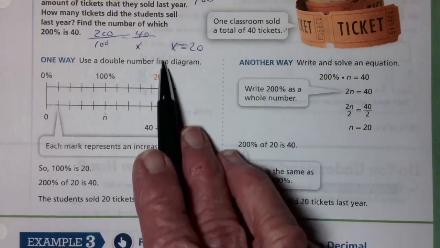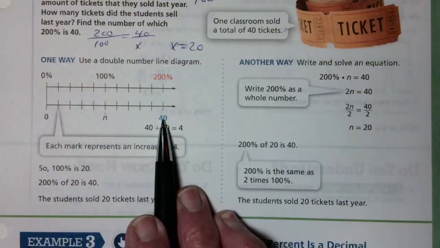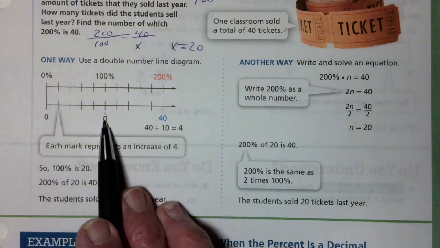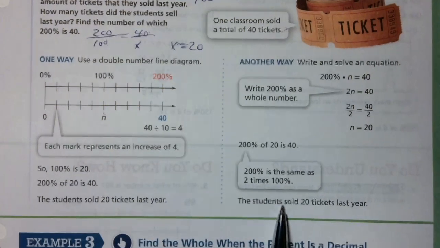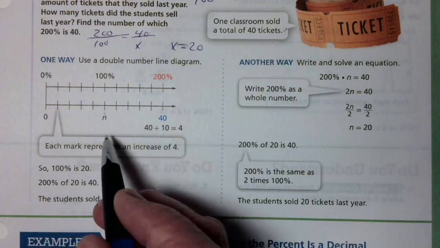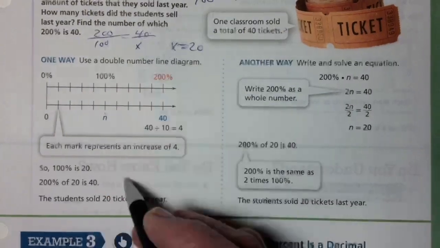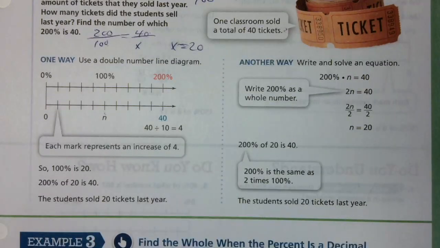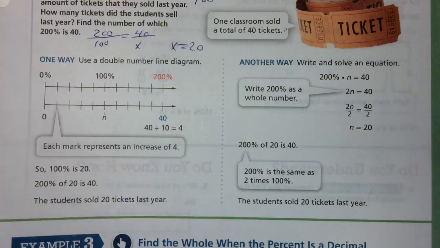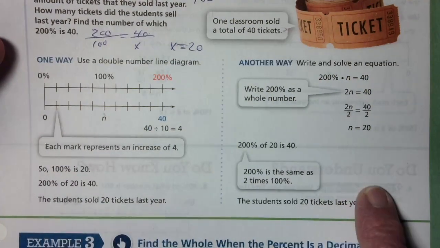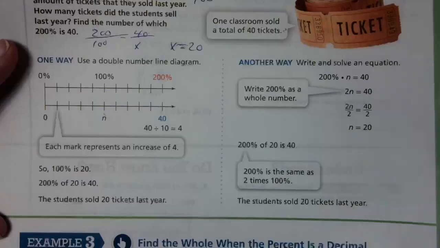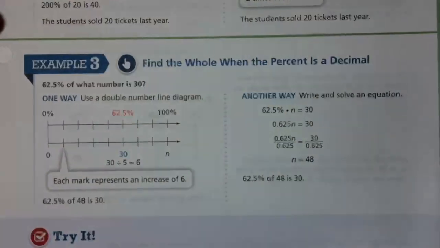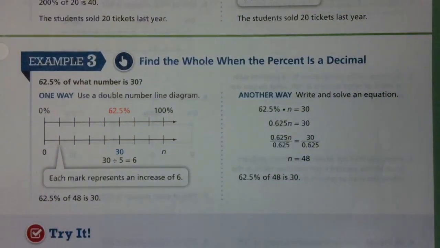And they knew that the 200 lined up with the 40, so this was going to be half as much, so it should be 20. Okay, and you can kind of see that it's half as much with the double line graph. That's kind of a good visual on that one. All right. And then this way is the same as ours, except they use the decimal form to work with. All right, example 3.